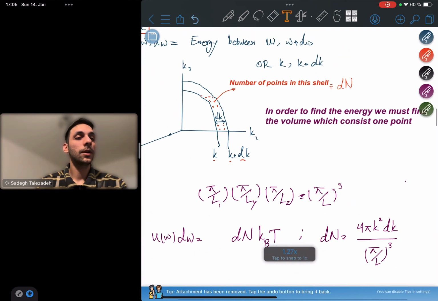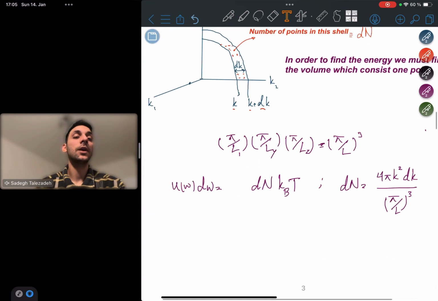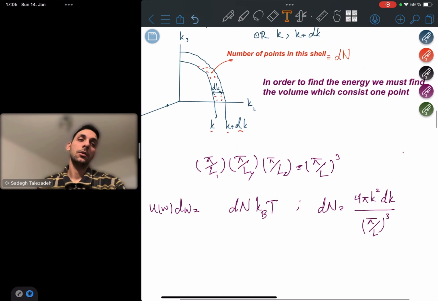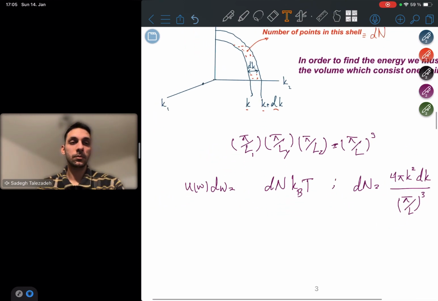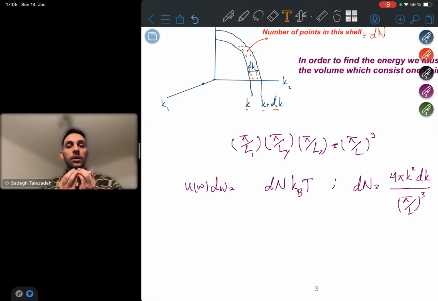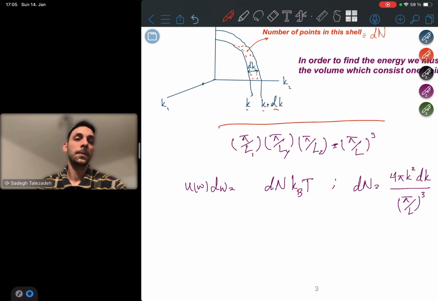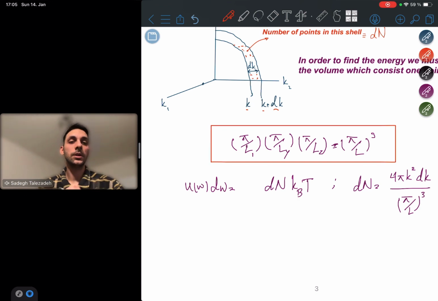So in order to find the energy, we must find the volume, which consists of 1 point. So the volume of 1 point would be such a volume, right? So in 3 dimensions, we have pi over L, so pi over L cubed.